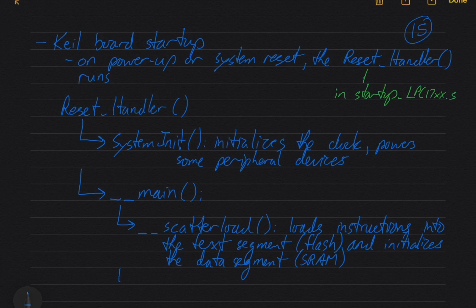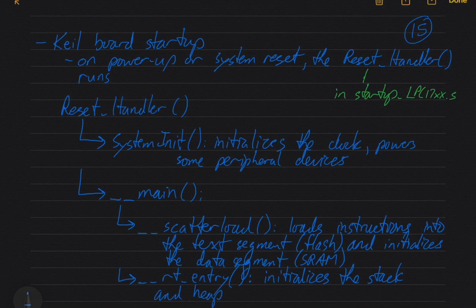After that returns, double underscore main invokes runtime entry, double underscore RT, or sorry, single underscore entry. So I referred to this before when I was talking about libc, and so this is part of libc, at least in the Kyle setup, and it initializes the stack and the heap.